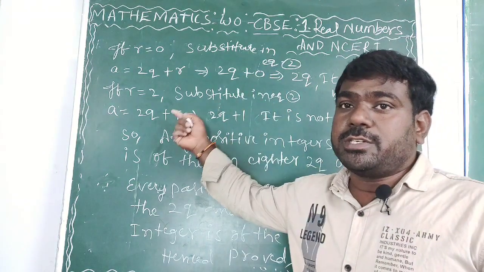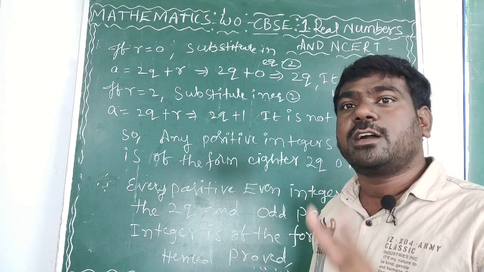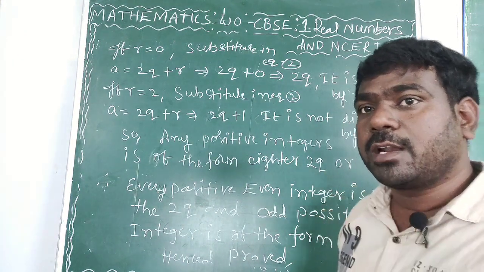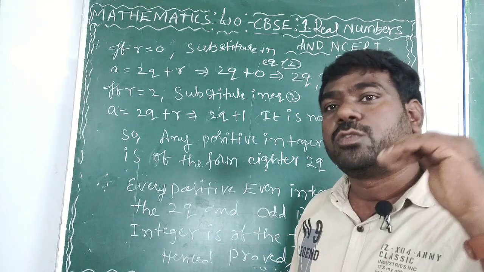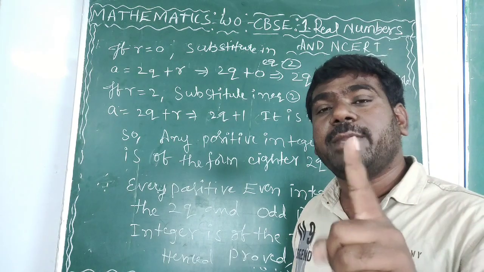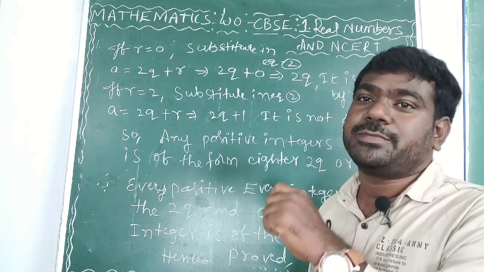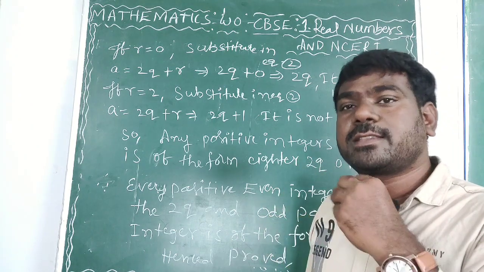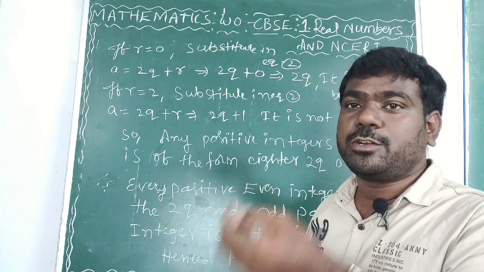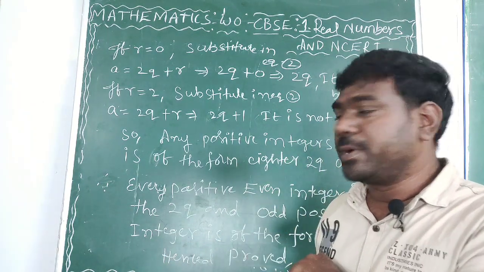If I substitute the r values in the second equation, we get two forms. The first form is 2q, the second form is 2q plus 1. The first form is divisible by 2, but the second form is not divisible by 2. When a number is divisible by 2, it is an even number, otherwise it is an odd number.